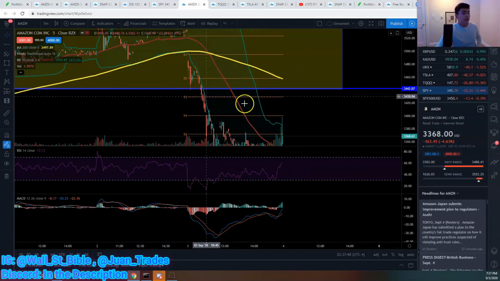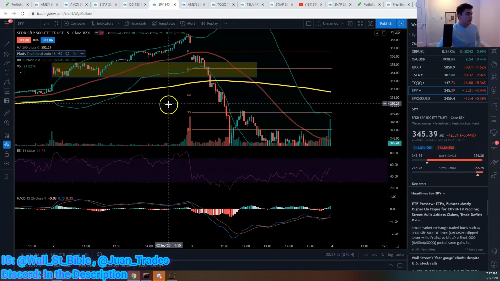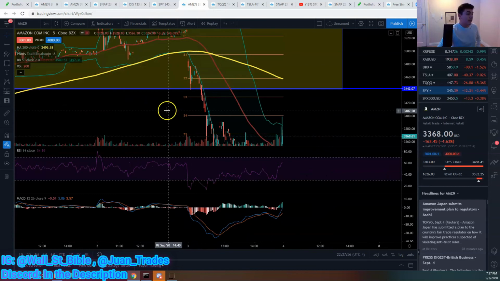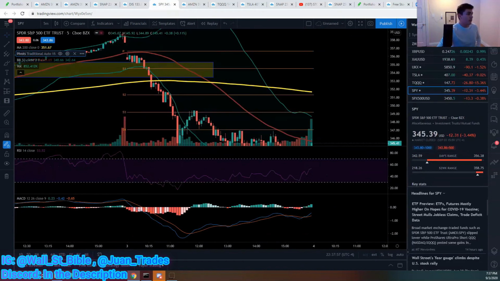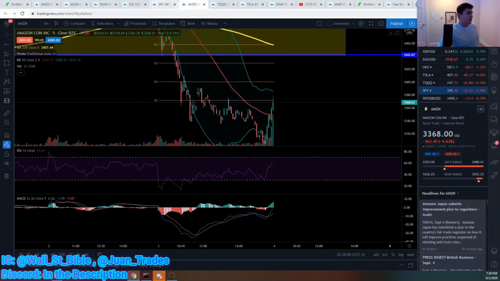This is about an hour into the stock market. This is the exact same thing, an hour into the stock market. We see that Amazon is coming down in accordance with the S&P. So this is a good indication that we should get in Amazon just because the SPY is coming down and Amazon will follow it because it is a market leader.